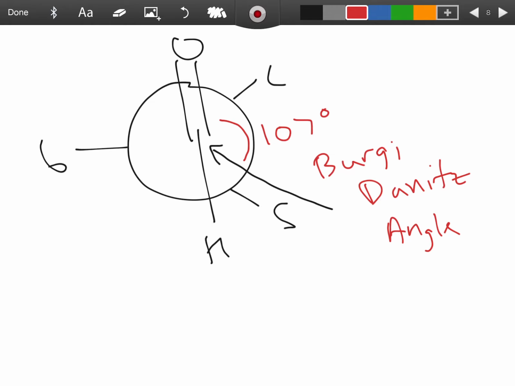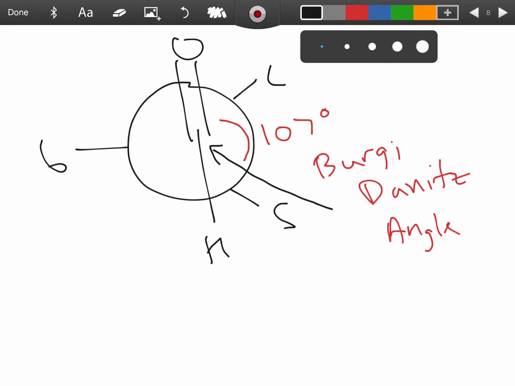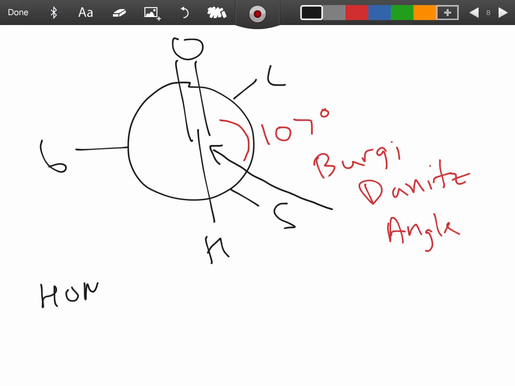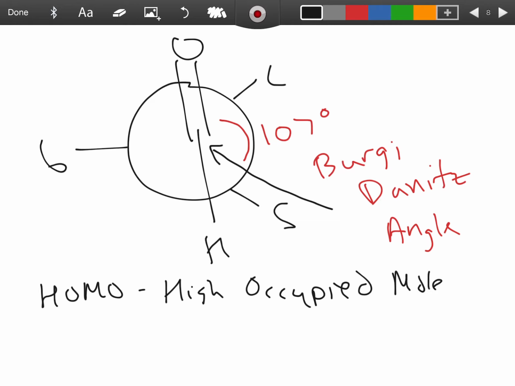So what's happening is, I want to use this term just a little bit, right? So there are two things we have to think about when things react. We have what's called a HOMO, which is the molecular orbital that has electrons in it.